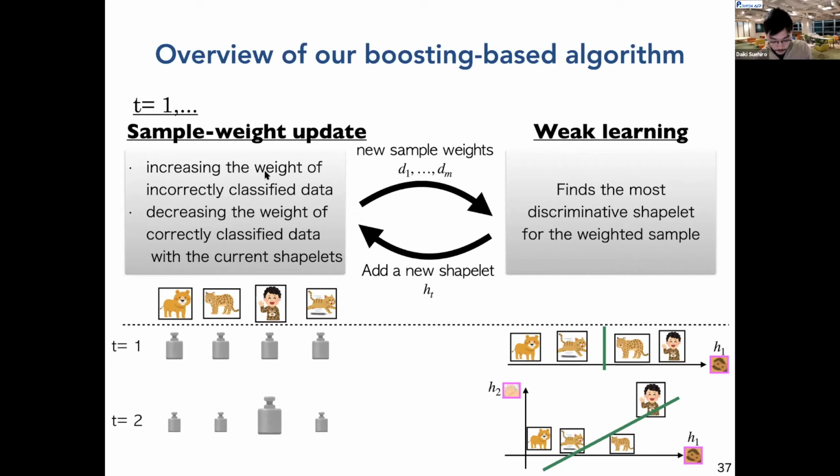And in the phase of sample weight update for the current shapelets, we increase the weight of incorrectly classified data and decrease the weight of correctly classified data. Data means the bag with the current shapelets. And for the current weight, in the weak learning phase, we find the most discriminative shapelet.